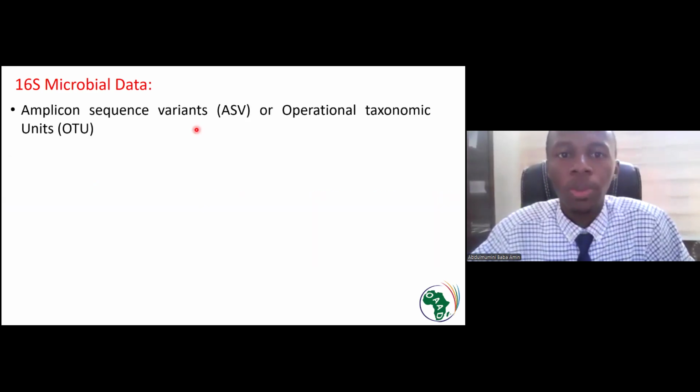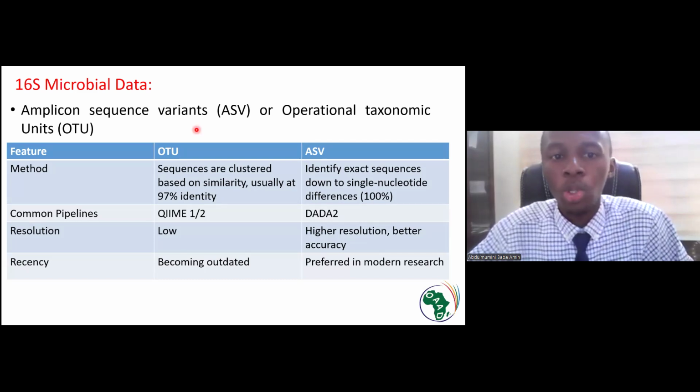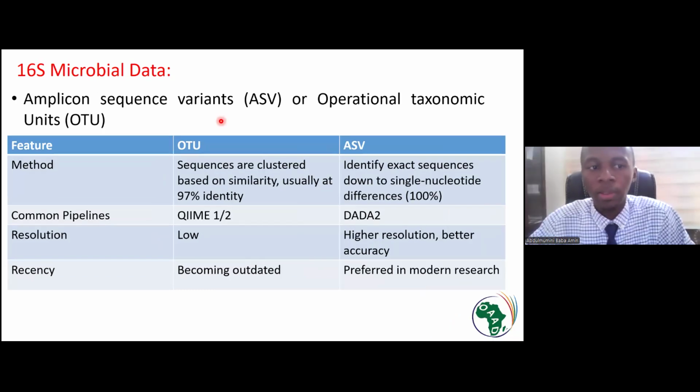So the amplicon sequence variants, ASV, or the operational taxonomic units, OTU. Depending on the type of sequencing that was carried out, it's either ASV or OTU. Let me briefly differentiate the OTU and the ASV.